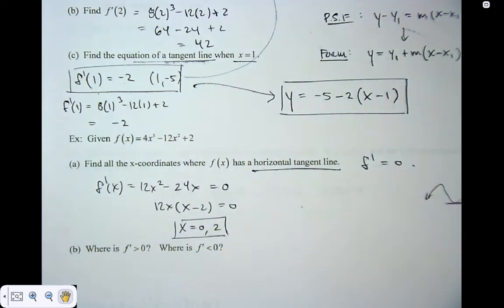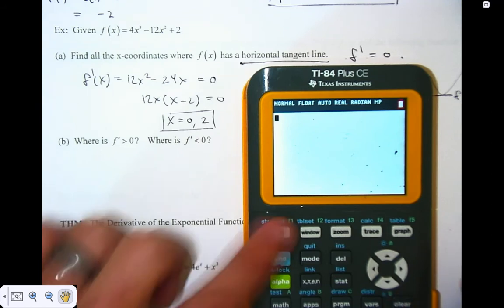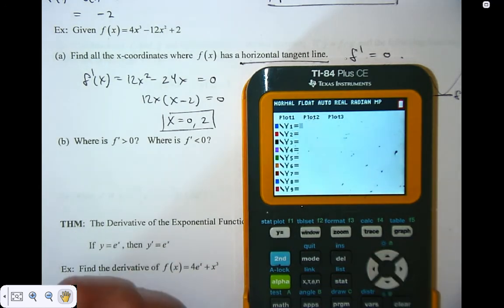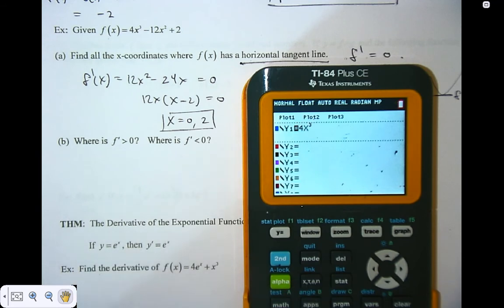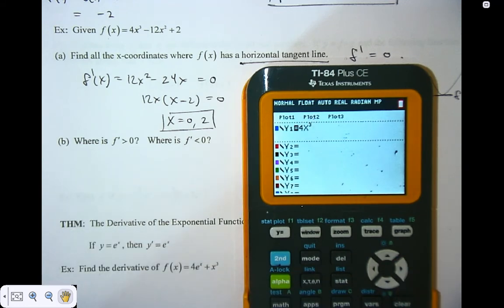Let's just look at that graphically to verify what's happening here. So if we go in here and we type in our cubic, which was 4x cubed minus 12x squared plus 2. Sorry, 4x cubed, hit the over arrow, minus 12x squared plus 2.